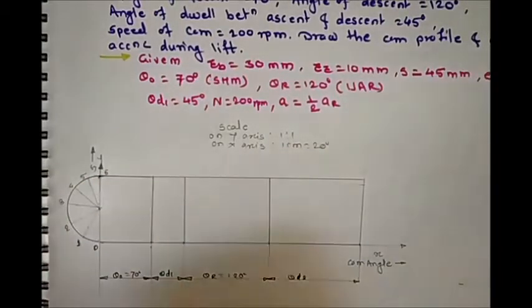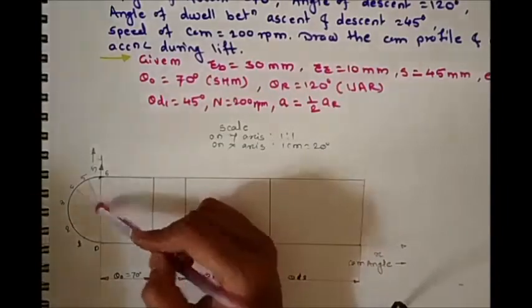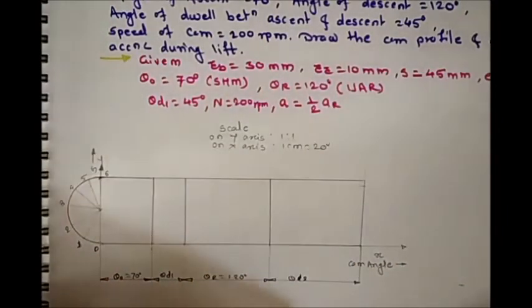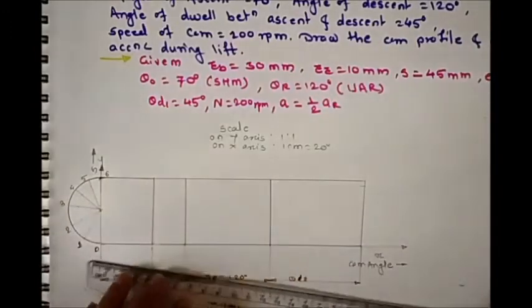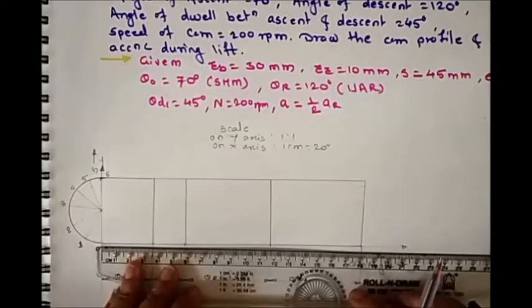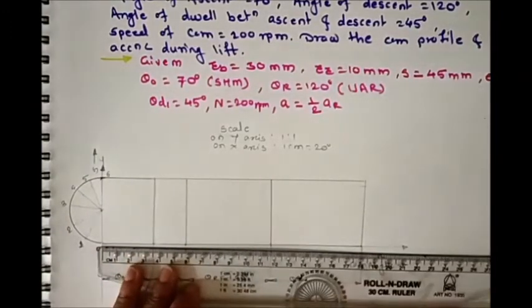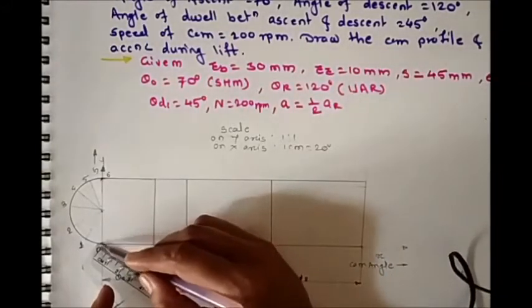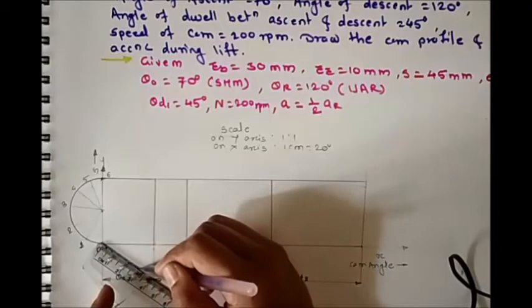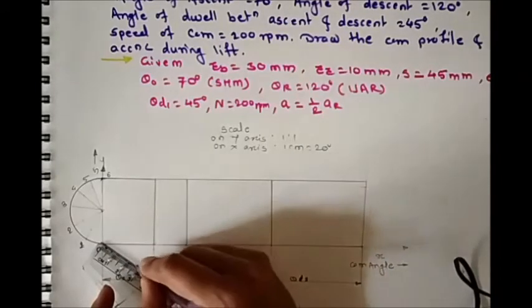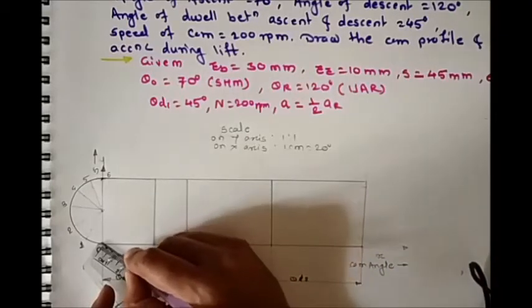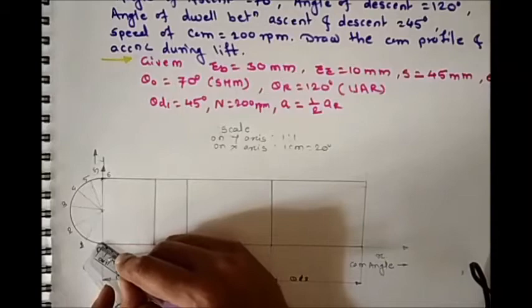Now as we divided this harmonic semicircle into 6 parts, let's divide the outstroke into 6 parts. As we know, this outstroke is 3.5. Let's draw a slope line. I am going to draw 3 centimeter, because 0.5 marking is easy for 6 parts.